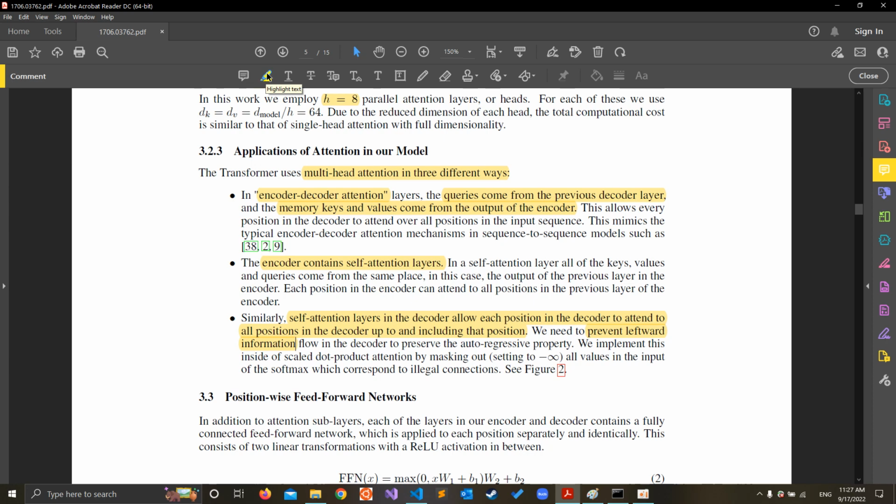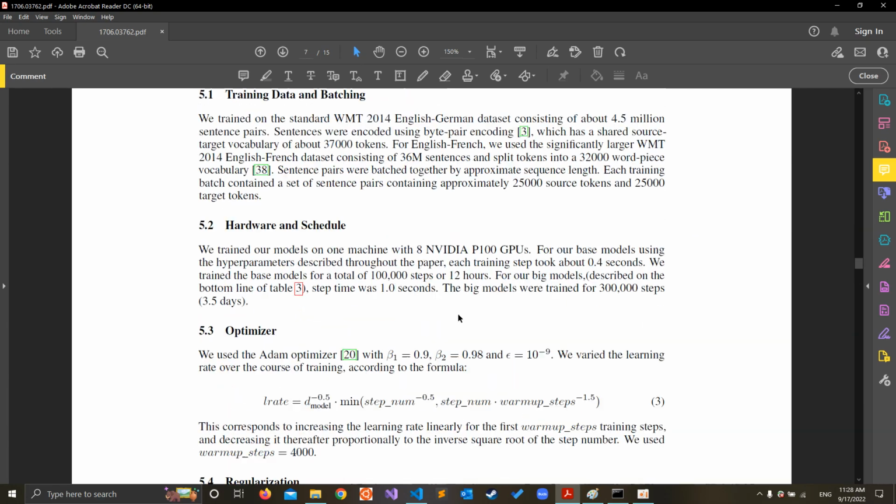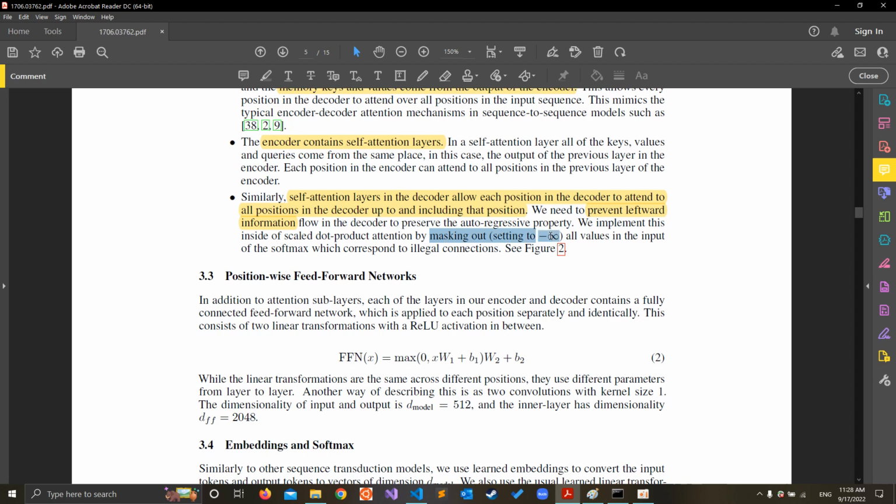It is better to increase the knowledge of the language model. So they prevent leftward information flow. Because of that, they use a masking technique, which puts minus infinity for all values after the mask, which means they are not important for us, so we should not pay attention to them.